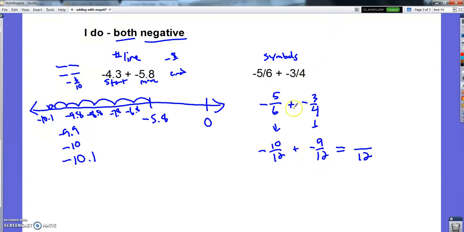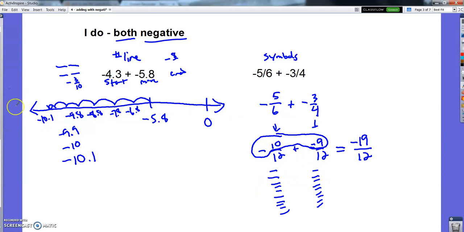And then it's really easy for me to do, then I'm really just adding integers, because when I do the numerators, I'm adding these two numbers, and those are just integers. They're not really fractions anymore. I'm just thinking about how to add -10 plus -9, which symbols is fine. And I know I'm going to have -19 12ths. So with fractions, I tend to use that strategy.